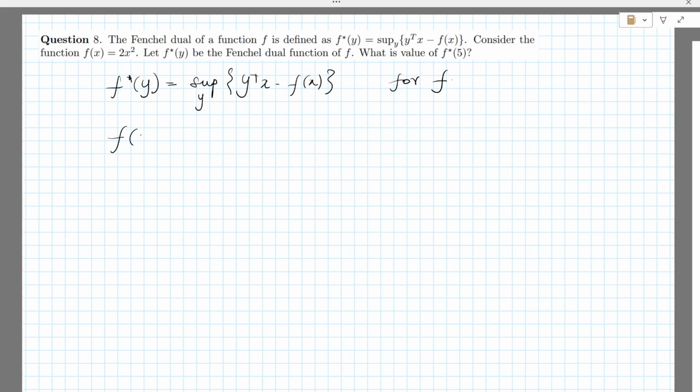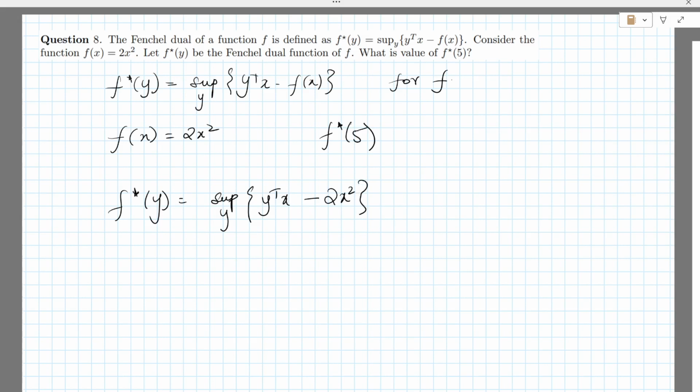Now we are given some f of this form, and we are asked the value of the Fenchel dual at y equal to 5. So f star of y is equal to sup of y transpose x minus 2x square. This is the Fenchel dual.